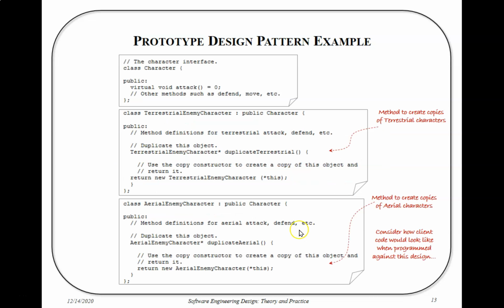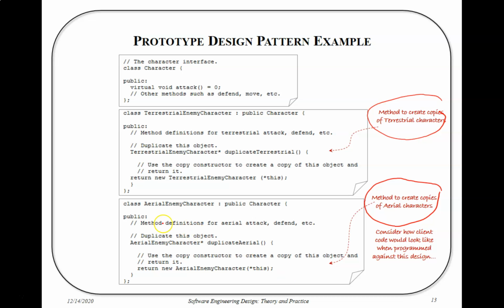Okay. Now we try to solve the problem that we described earlier. So in this case, we want to create the new or clone the enemy at a certain place at a certain point of time in our game application. So here we have a class Character, and then we can put the methods to create copies of the terrestrial character, and then this one for the aerial character.